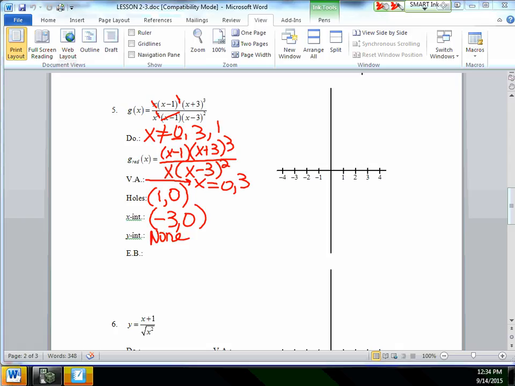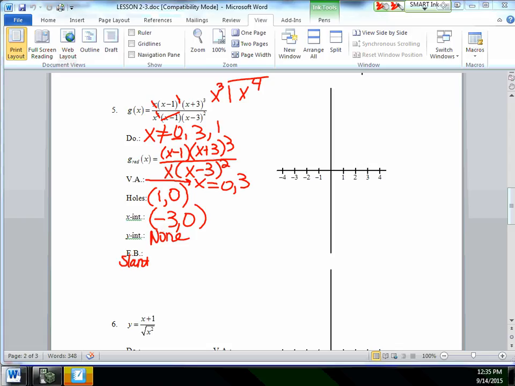And end behavior is going to be different here. I don't have a polynomial, so I can't write it out. Looking at the powers, cubed times an x, there's a fourth, this is a third, so we are left with the power bigger up top, which means I'm going to have a slant asymptote, and we would get that through long division, and we would start out with, because I'm going to have an x to the fourth going into an x cubed.